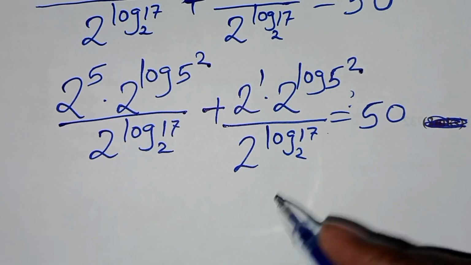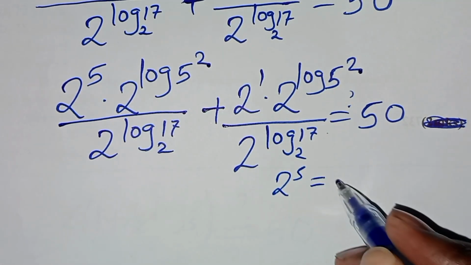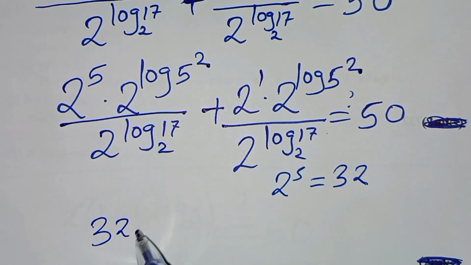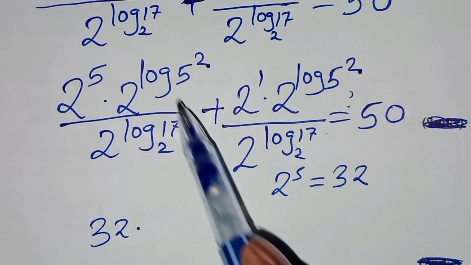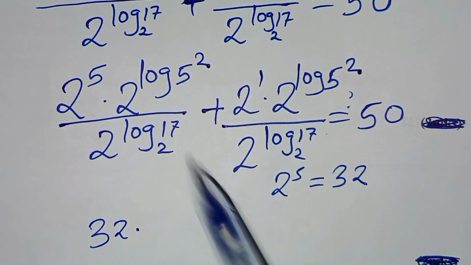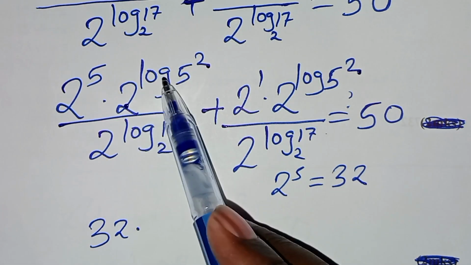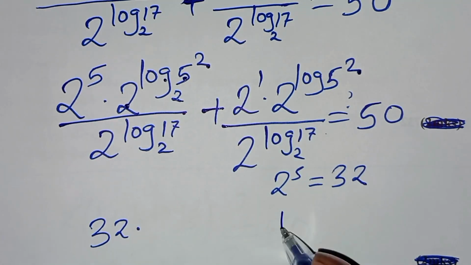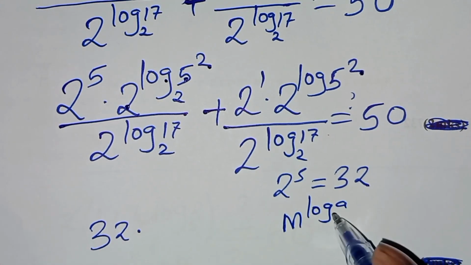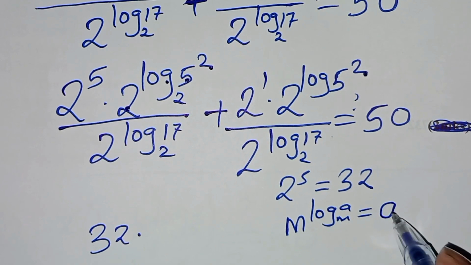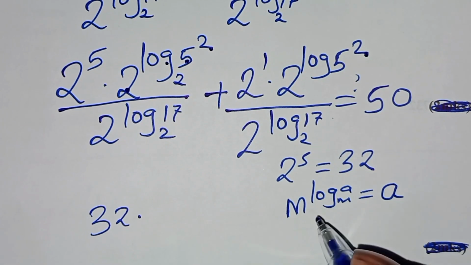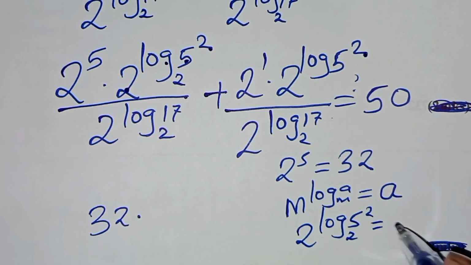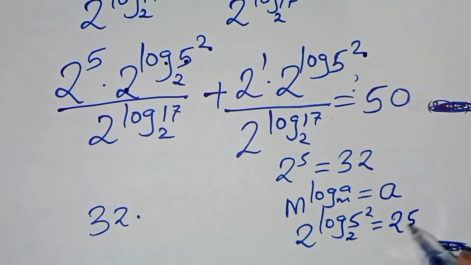Now from here, 2 to power 5 is the same thing as 32. So here we have 32 multiplied by 2 to power log 5 squared to base 2. This is in the form of m to power log a to base m, which is supposed to give us a value of a. So 2 to power log 5 squared to base 2 is the same thing as 5 squared, which is 25.